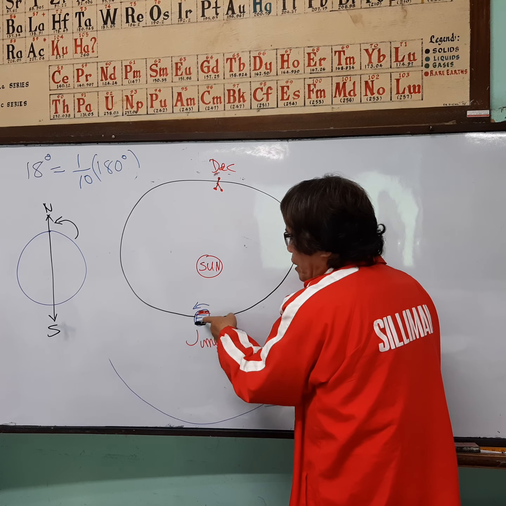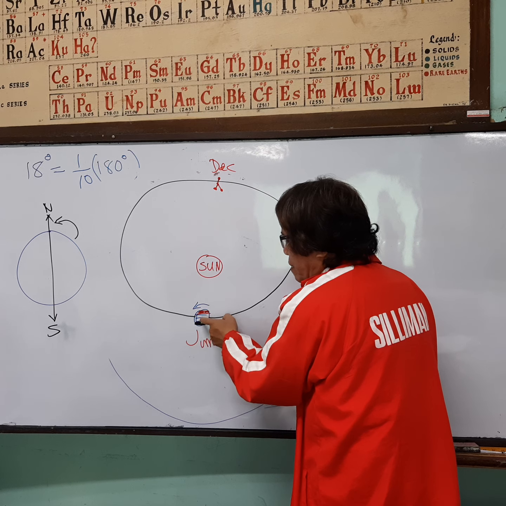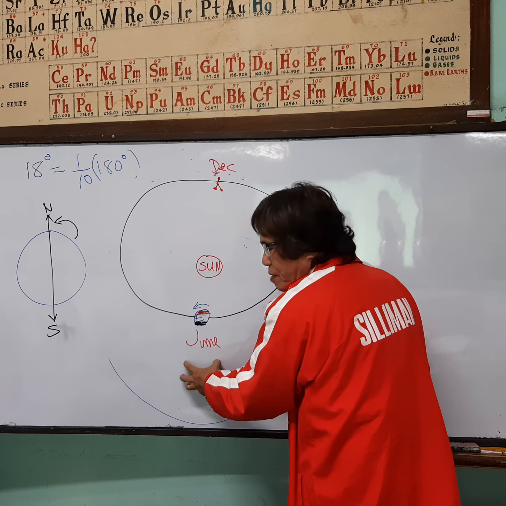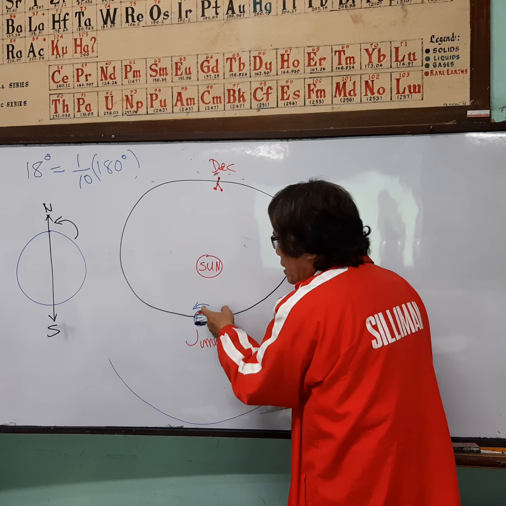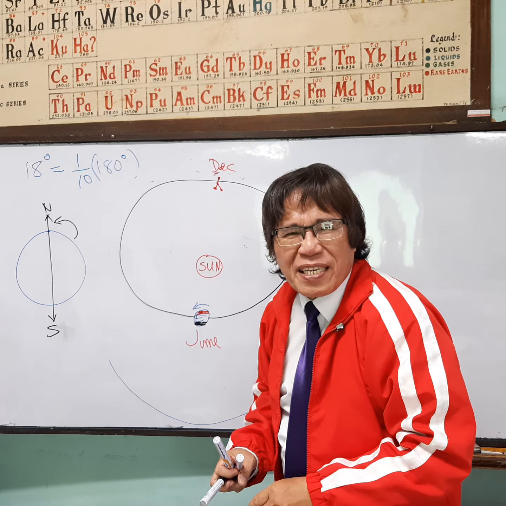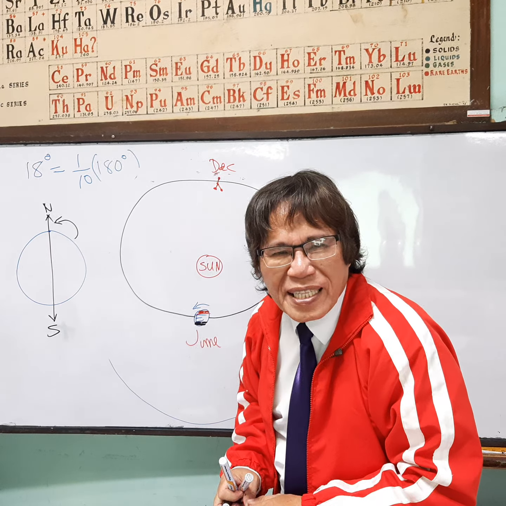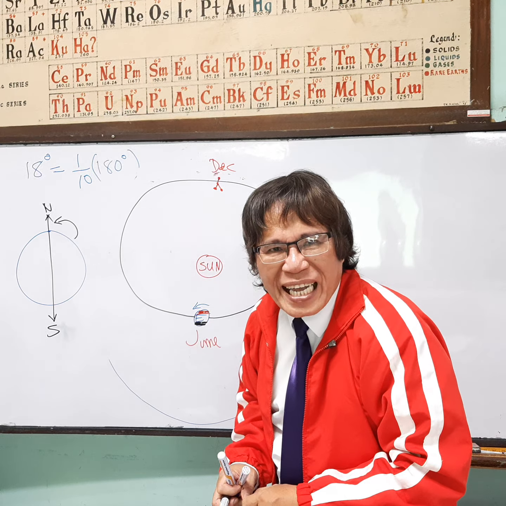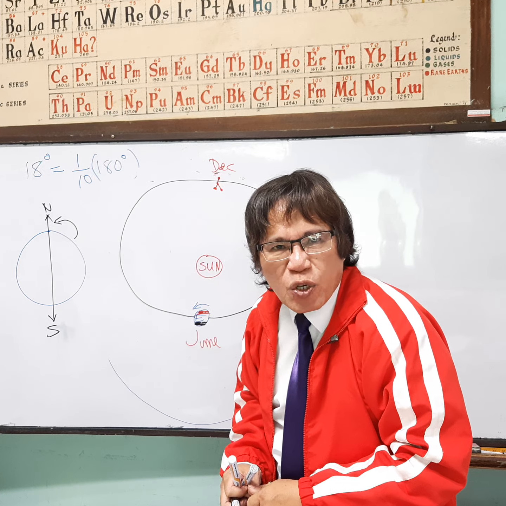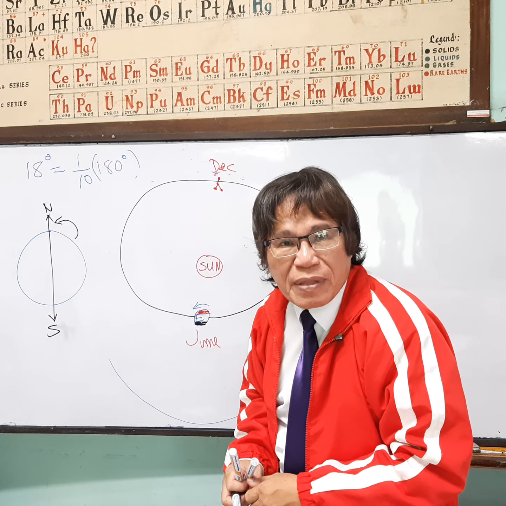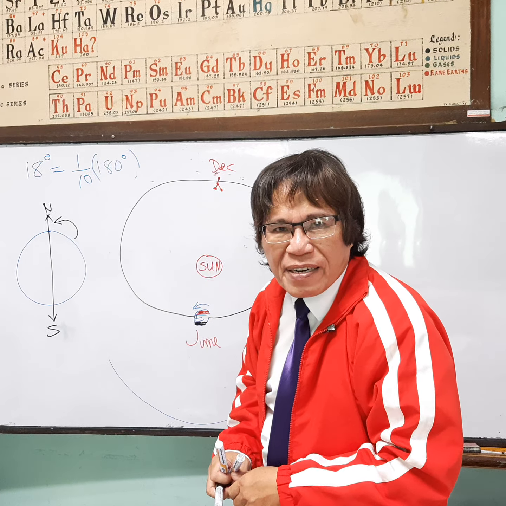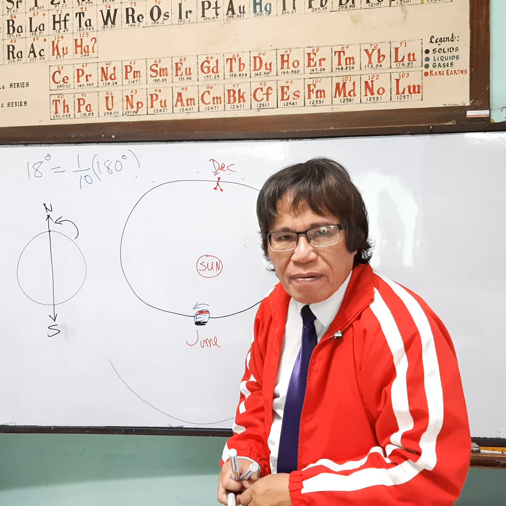Remember that people here, during nighttime, on this side, will see the sky with stars. Of course, we can still see the sky during daytime, but we cannot clearly see the stars during daytime because of the brightness of the sun. The brightness of the sun versus the brightness of the stars and the planets is much, much higher, stronger.